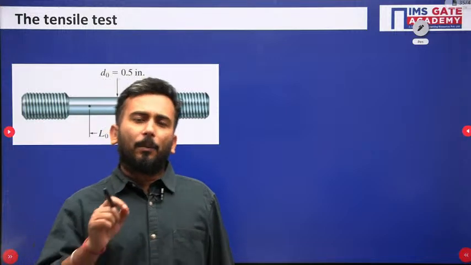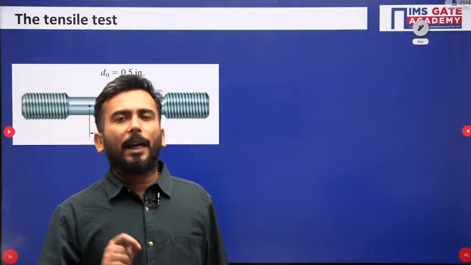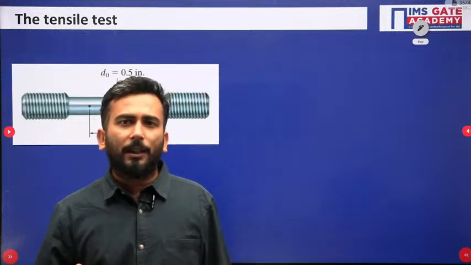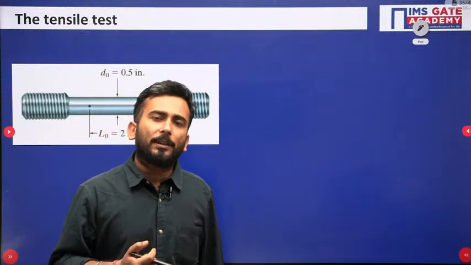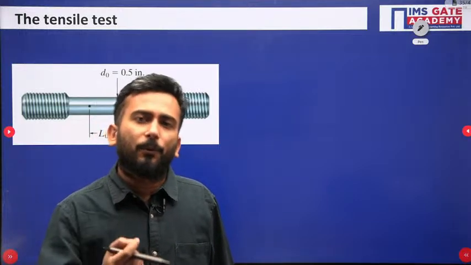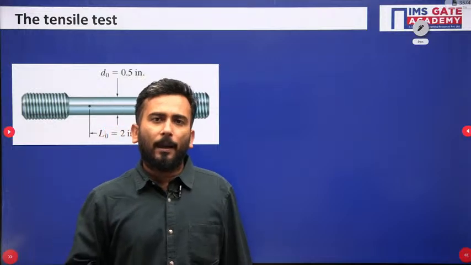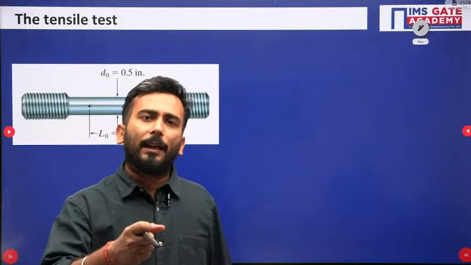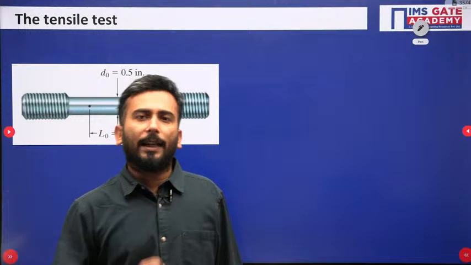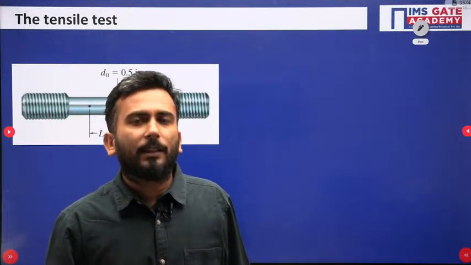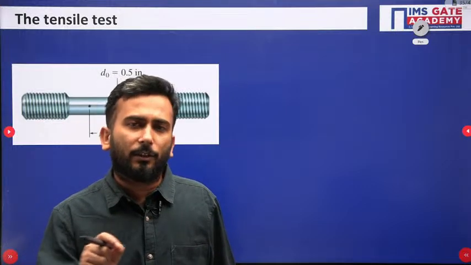Among mechanical properties, strength comes into the picture. You want to know how much the material resists before failure. That strength value you need to know: up till what strength you can apply load on the material. And most importantly, you need to know the relationship between stress and strain.